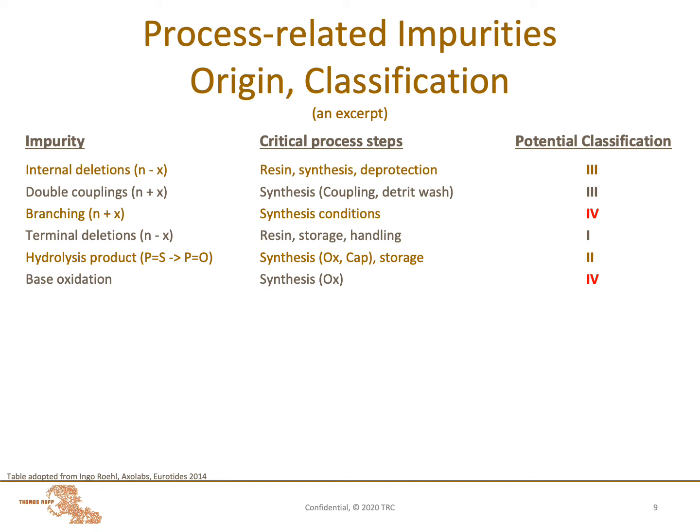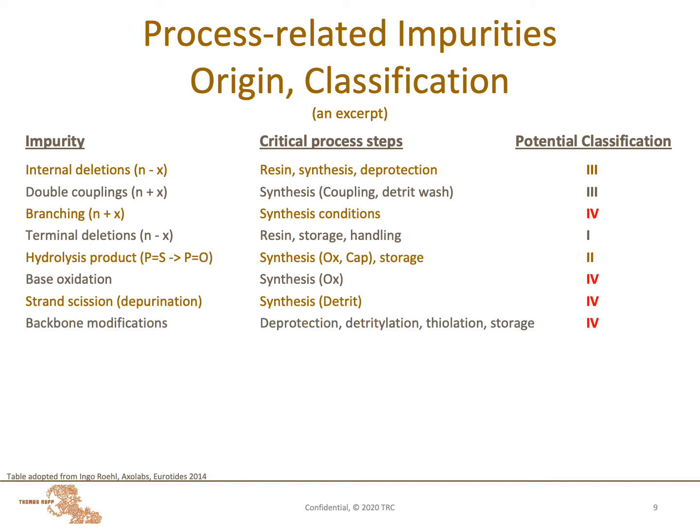Bases could oxidize. That could happen during the oxidation. If the oxidation is overreacting, that's a class 4 impurity because it's a non-naturally occurring base modification. Strand scission, depurination happens during the synthesis, during detritylation, class 4. Backbone modifications, these happen during deprotection, during detritylation, during thiolation, and during storage. During storage, for example, especially for 2'-fluoro-modified oligonucleotides which lose HF, and you see that in the mass as -20.